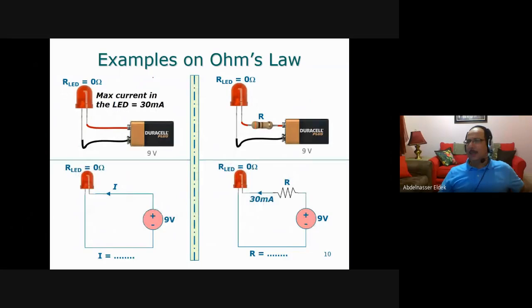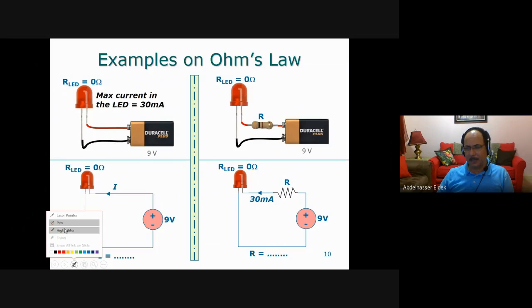Look at this example. It says that this LED has no resistance. The resistance is 0. So now assume that you have this source, a battery like this, 9 volt, and you connect it directly to the 0 ohm LED.